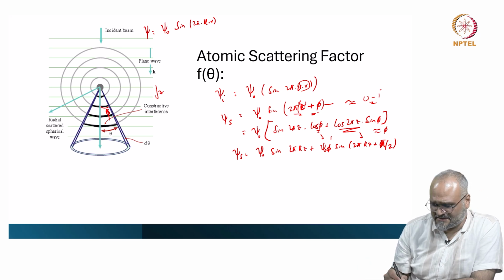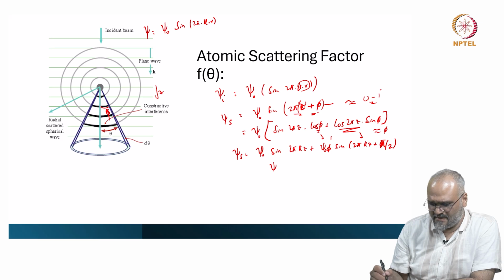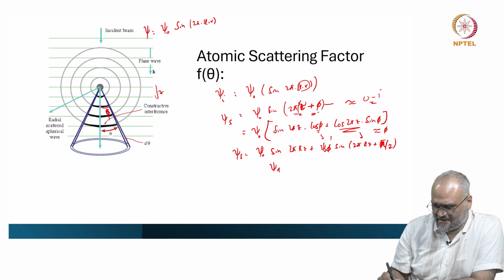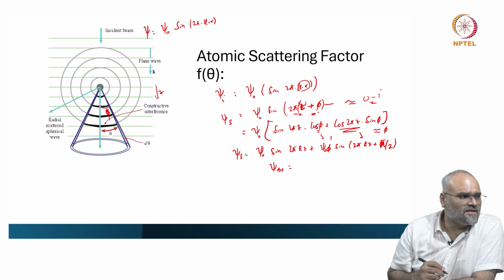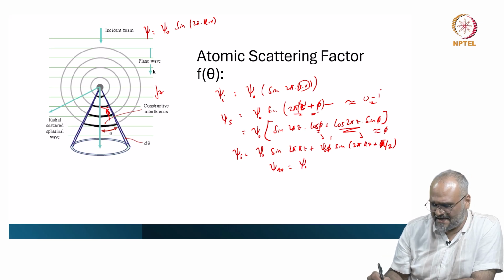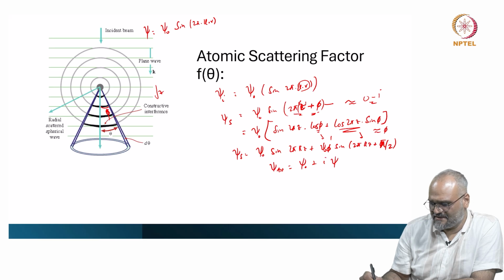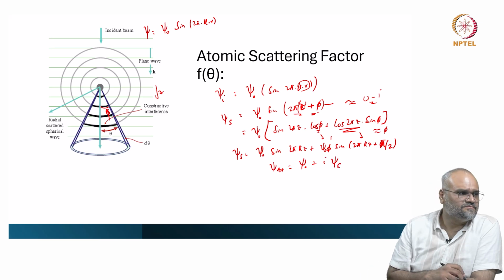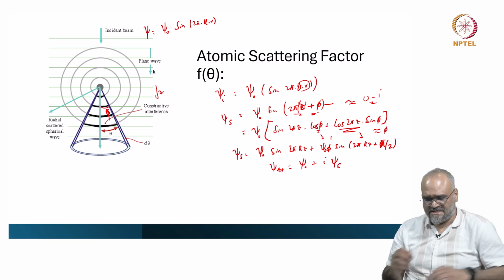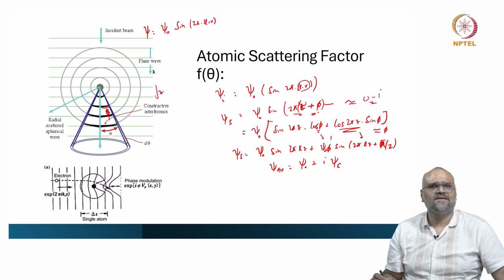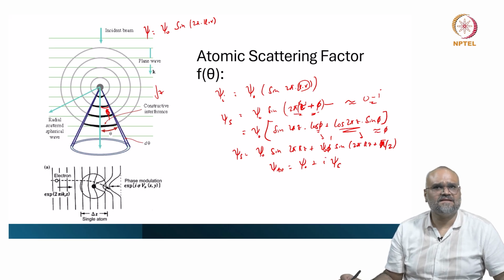So, this expression has a form psi total, or the total forward scattered intensity, is some psi naught plus i phi scattered. So, in principle I can write the scattered intensity.